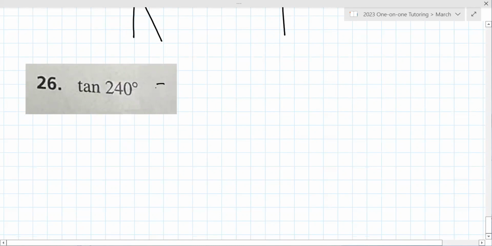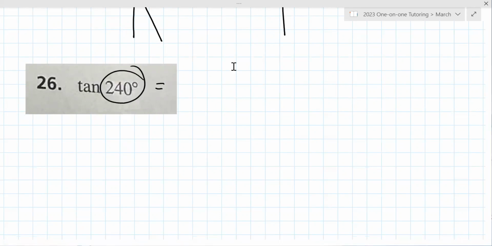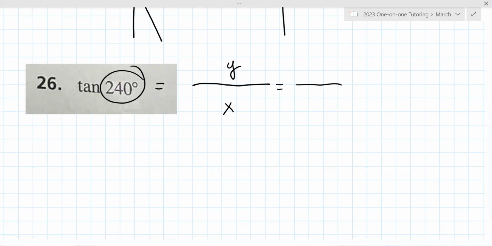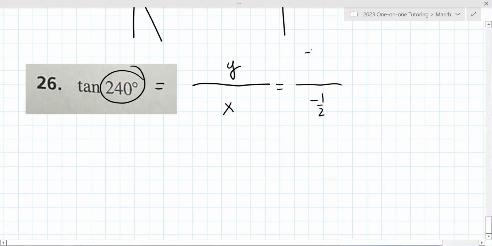So you're going to first go to 240 on your unit circle, and in the numerator you're going to put the y value, and in the denominator the x value. Okay, so I want you to go to 240 in the unit circle there. Tell me the y value. Tell me the x value, please. So the x value is -1/2, and then the y value is negative radical 3/2.